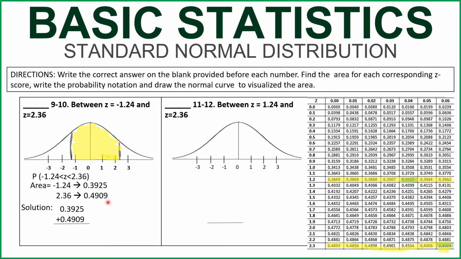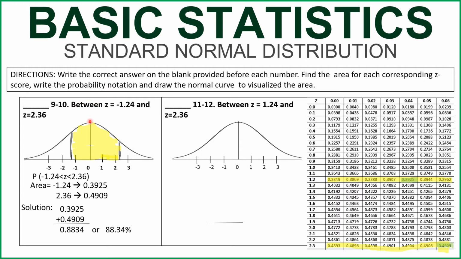0.3925 plus 0.4909, and that is 0.8834 or 88.34%. Kaya, bakit nawala yung 0.5? Kasi, ibang usapan kapag between na yung tinatanong or question natin.